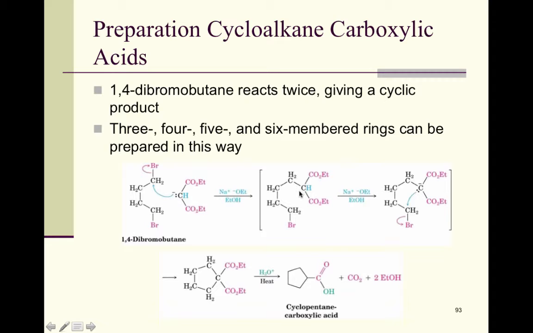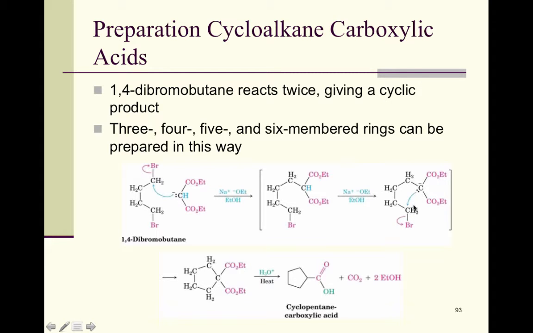Our malonic ester is now going to be attached to this carbon here, and we have the same conditions happening again, and what's going to happen is we're going to now form a second anion, and that anion is going to be attracted to the bromo over here, the pair of electrons going to that.